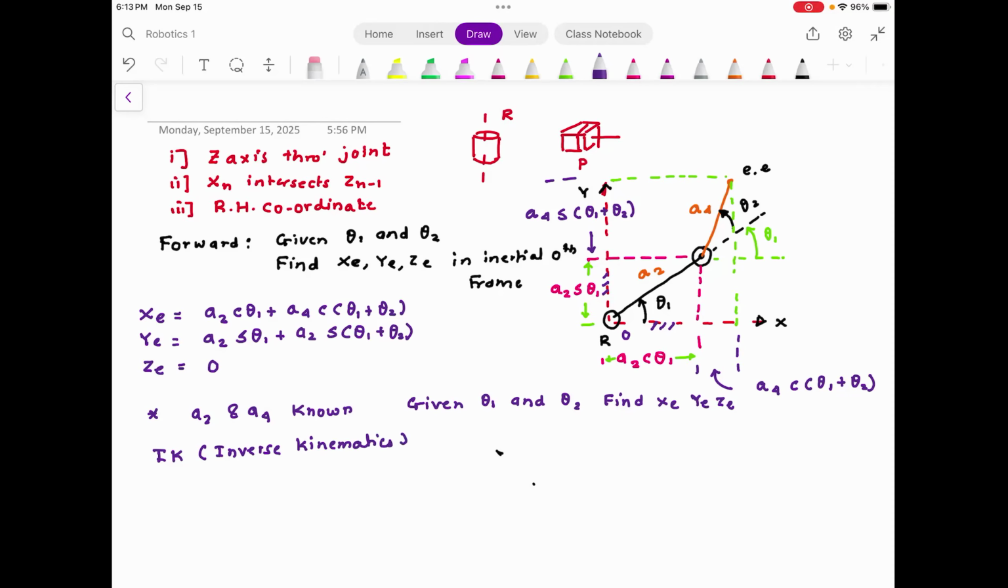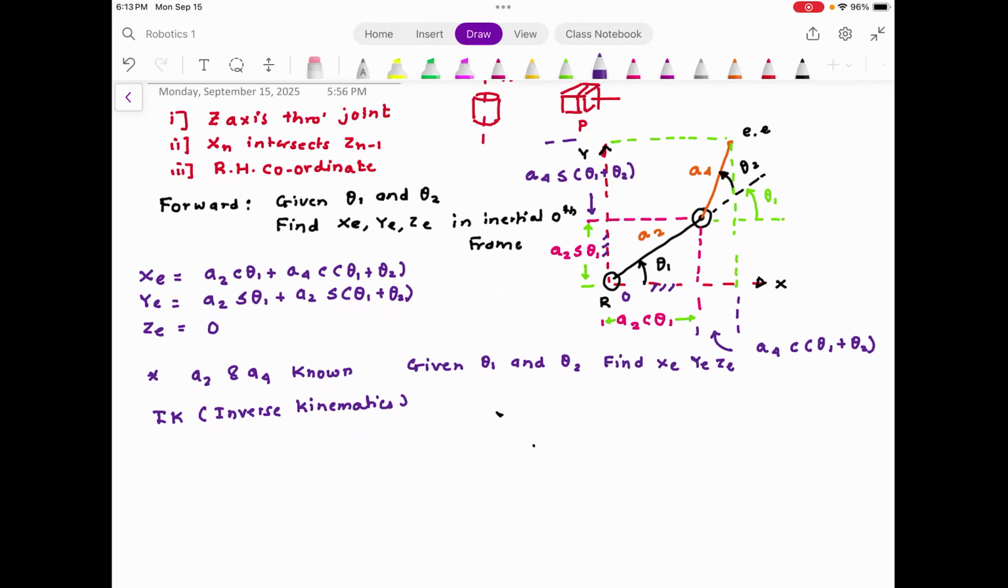In inverse kinematics problem, I give you the value of XE, YE, ZE, and you have to find theta 1 and theta 2. Are you with me?